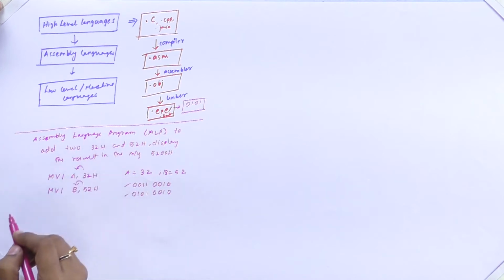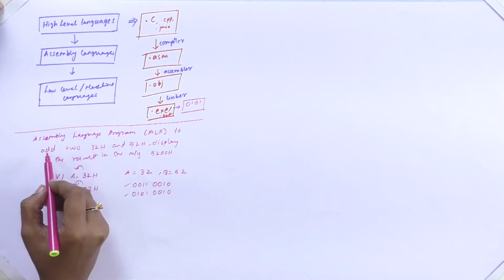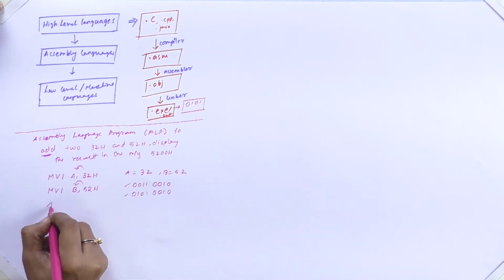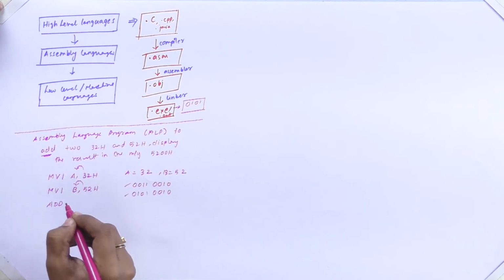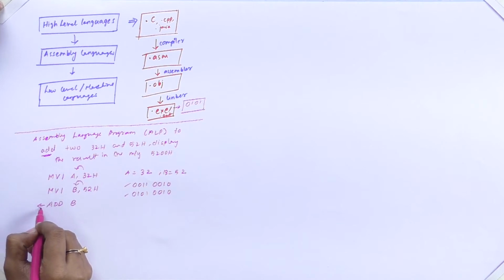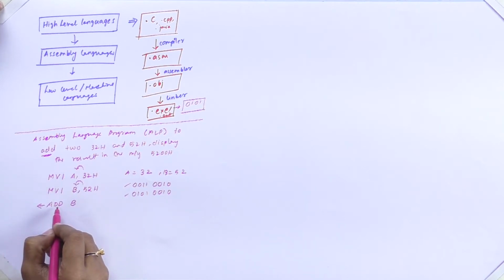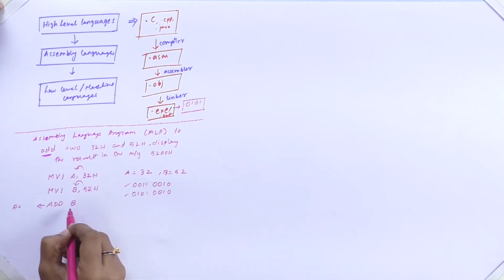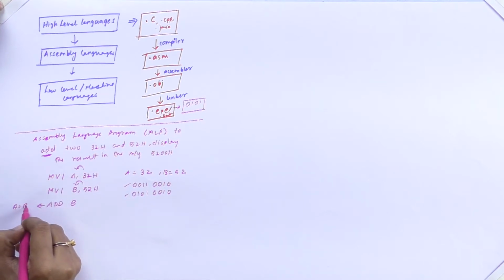Next, the operation that we have to execute is add. So the instruction we can use is ADD B. It means that this instruction will add the content of the accumulator with the specified register B, and the result will again be stored in the accumulator. So this is the function of this instruction.